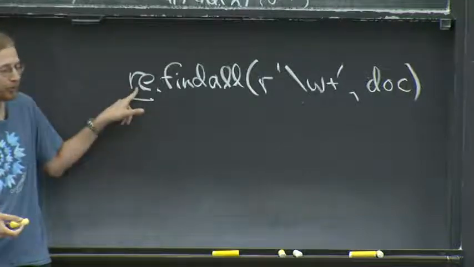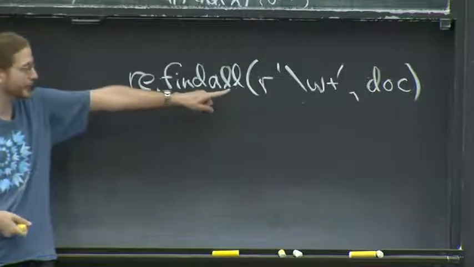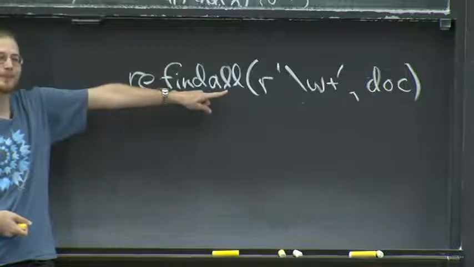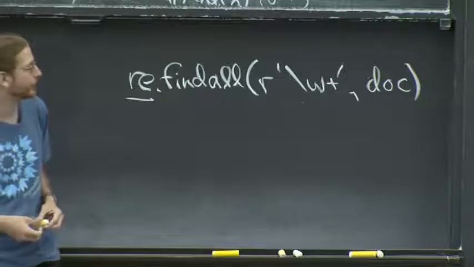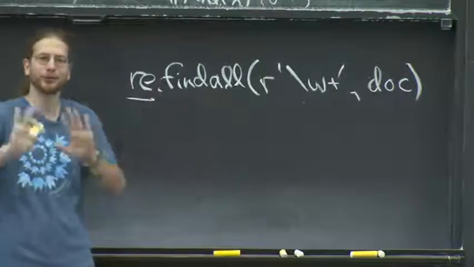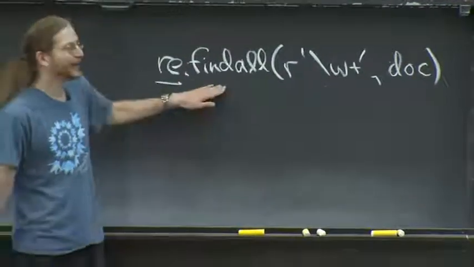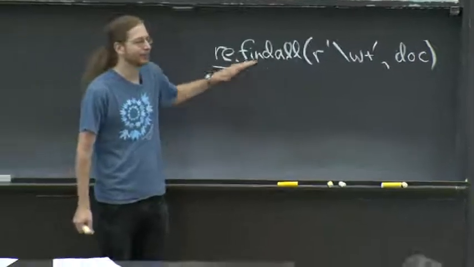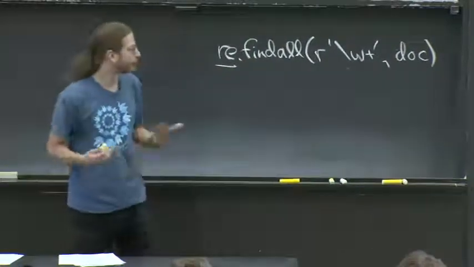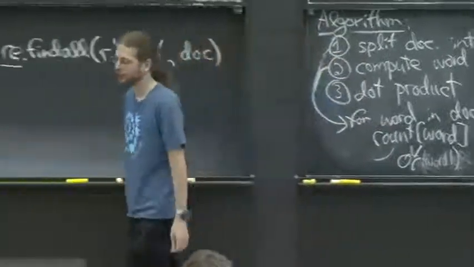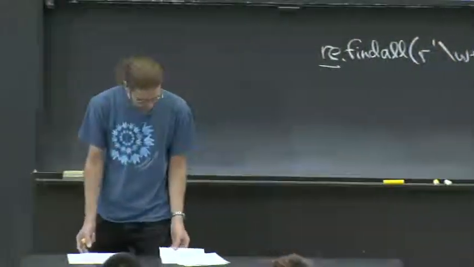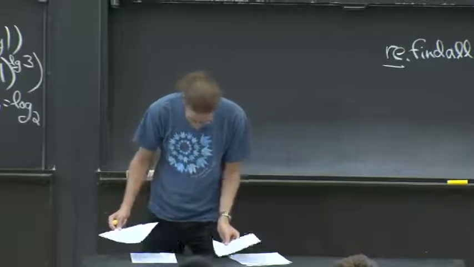Unless you know how RE is implemented, this probably will run in linear time, but it's not obvious at all. If you don't know what this means, don't worry about it. Don't use it. If you know about it, be very careful in this class when you use RE, because it's not always linear time. But there is an easy algorithm for this, which is just scan through and look for alphanumerics. String them together.